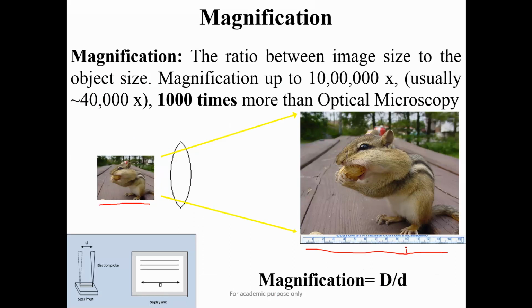The magnification is the ratio between the image size, that is capital D, to the object size, and it can go up to 1000 kx usually, and most of the time 40K is used, and this is about 1000 times better than the optical microscope.